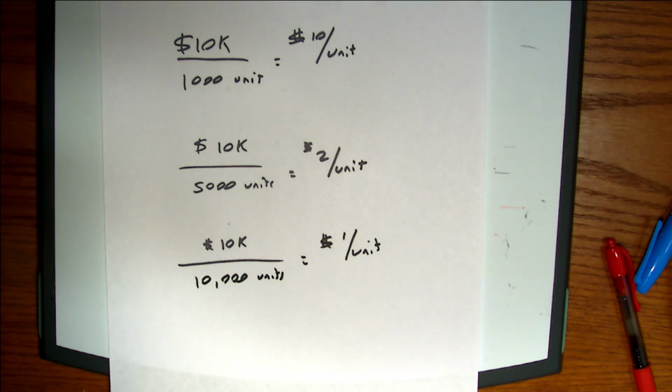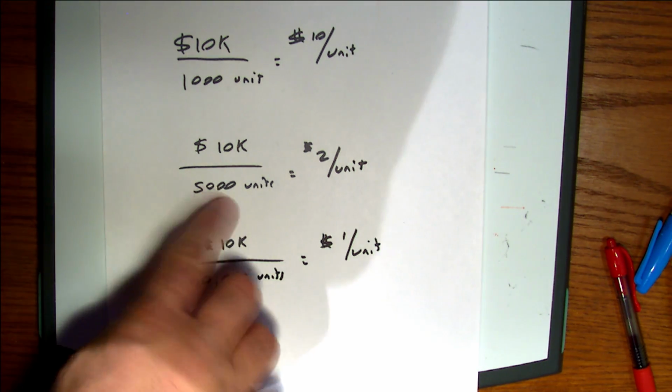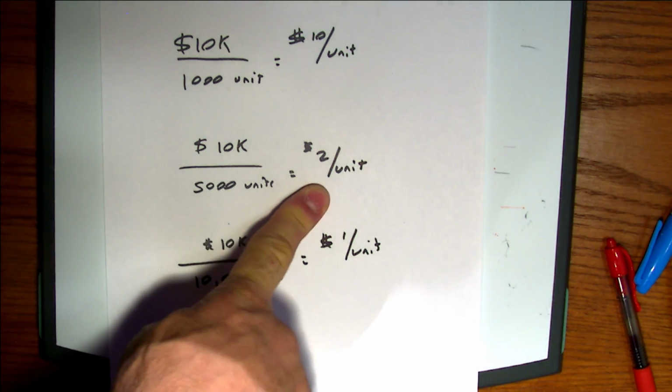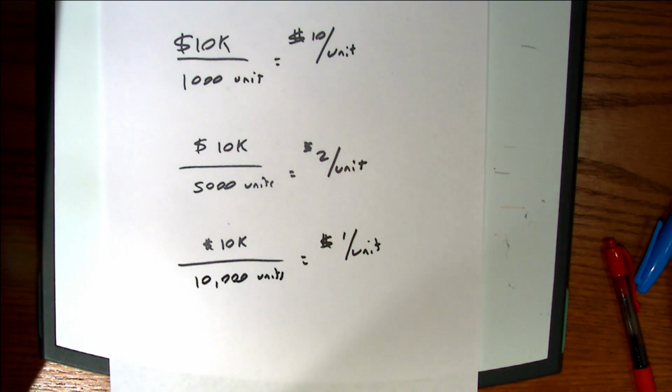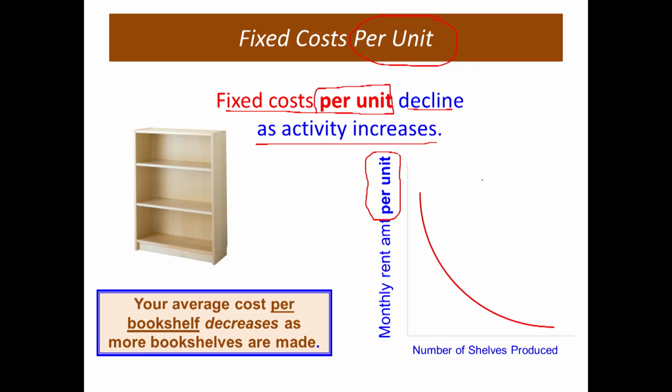For example, looking back at this Elmo, if I say that rent, let's say we made 5,000 units, if I say rent is $2 per unit, why would you not think that to compute total rent for the month, you would take $2 times the number of units that you produced? Does that make sense? It's very misleading when you state fixed costs on a per unit basis.